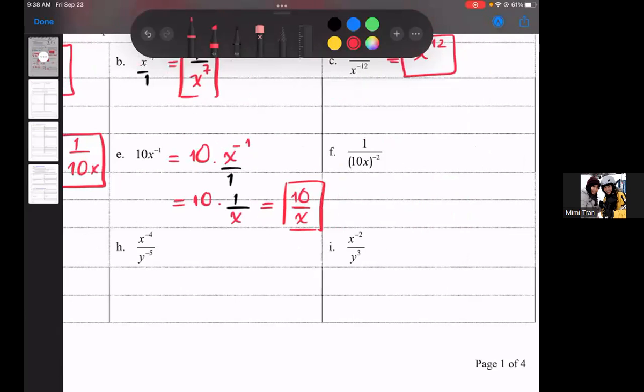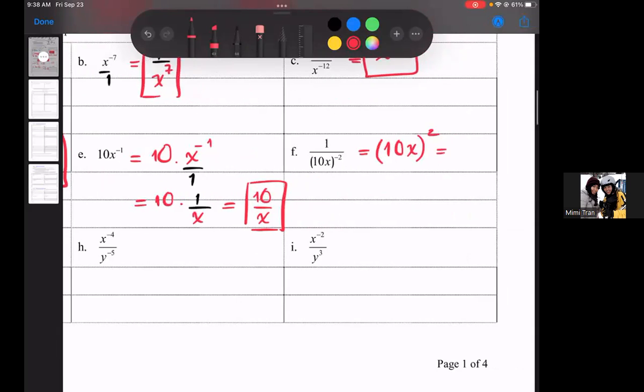What about F? By the way, whenever you see the parentheses, whatever is included, everything flips. Right? Everything is being involved. So that means the 10x is going to flip. So it's going to be 10x, and don't forget the parentheses again, which is 10 squared.